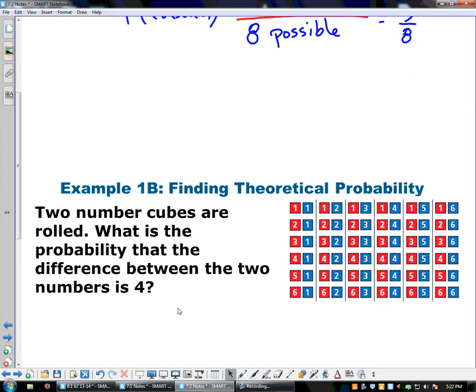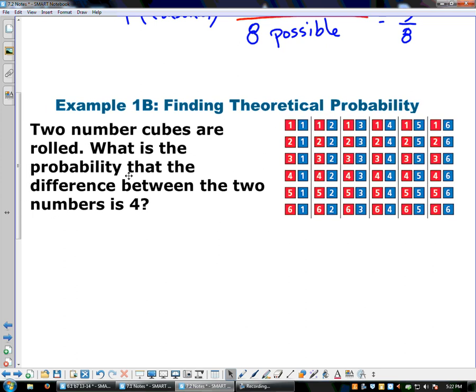Okay, for this example, we are going to take 2 number cubes and roll them. What is the probability that the difference between the 2 numbers is equal to 4? So we've got these 2 number cubes, and if the difference is going to be 4, well, that might occur when the red is 5 and the blue is 1, or when they're 6 and 2, or when it goes the other way, when it's 1 and 5 and 2 and 6.